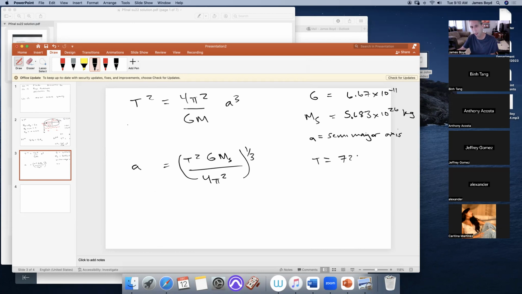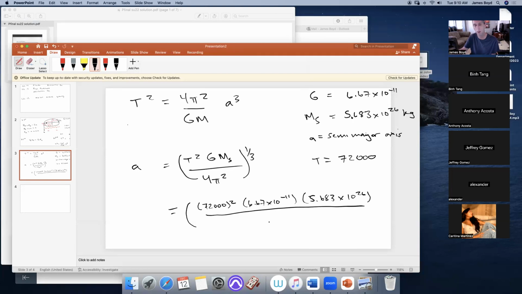We said T was 72,000. So you can put this all in your calculator: 72,000 squared, 6.67 times 10 to the minus 11, 5.683 times 10 to the 26, and then all over 4 pi squared, and raise this to the 1/3 power.